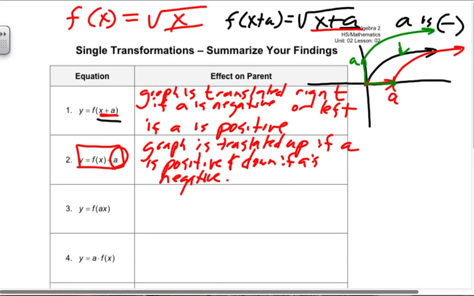Here I'm just multiplying inside by some number. Now since it's inside the function, that means it's going to be horizontal.